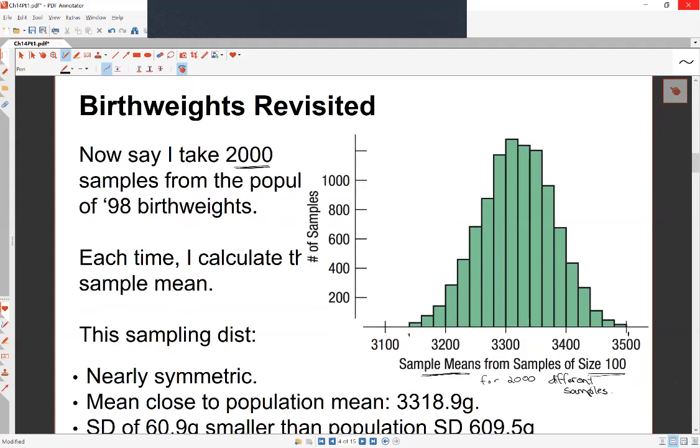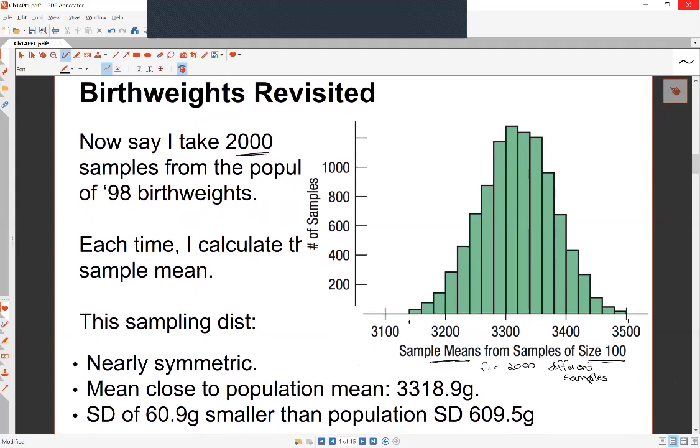So what happens when we take the average, if we look at this new histogram, is it has a much smaller standard deviation, evidenced by how much narrower the spread of the histogram is. The full population, the one on the previous slide, had a standard deviation of nearly 610 grams, but here our standard deviation is much closer to 61 grams.